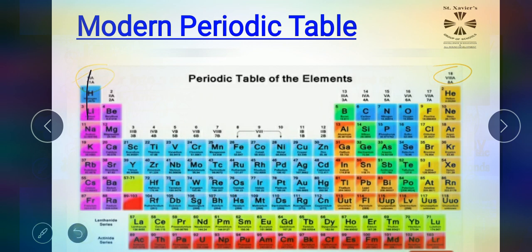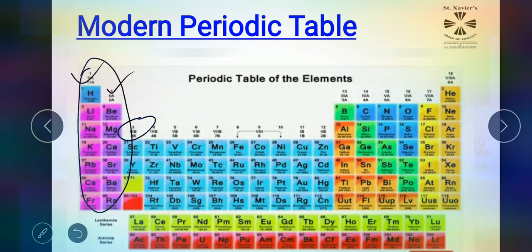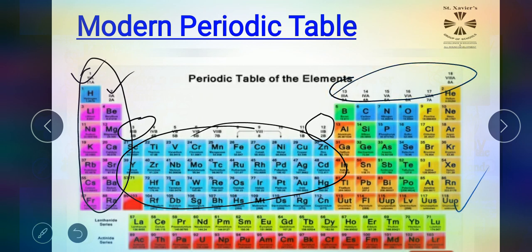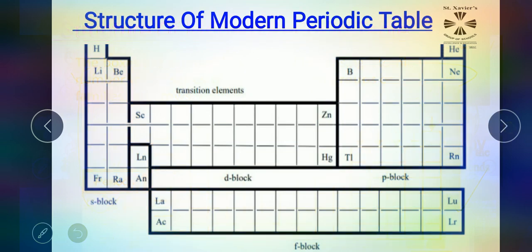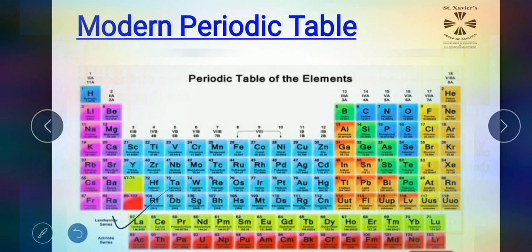Not only rows and columns, but also group 1 and group 2 are called the S block, students. Group 3 to group 12 are called the D block. Group 13 to group 18 are called the P block. And at the bottom, the lanthanide and actinide series are called the F block.